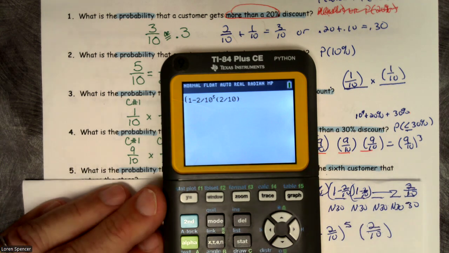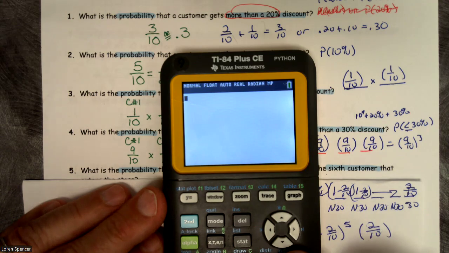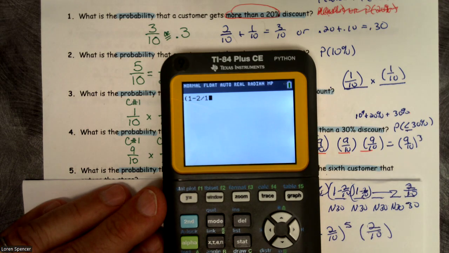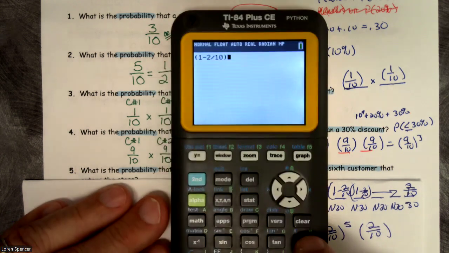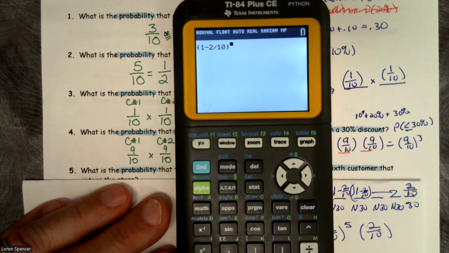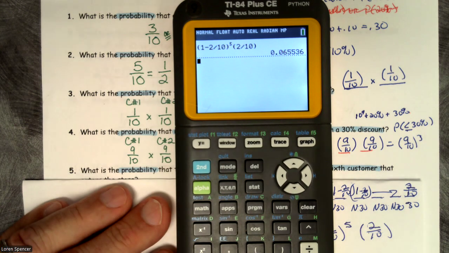Now it looks like what I have on the paper. No, it doesn't. I left off parentheses. Sorry about that. I'm having all sorts of trouble this morning. All right, make sure you use the little caret button to the 5th. And parenthesis, 2 divided by 10. There we go, 0.0655.